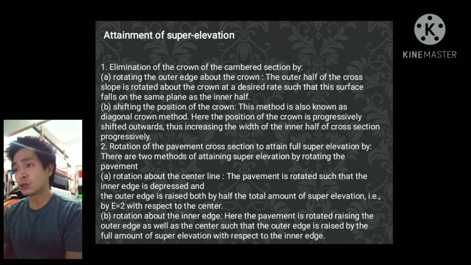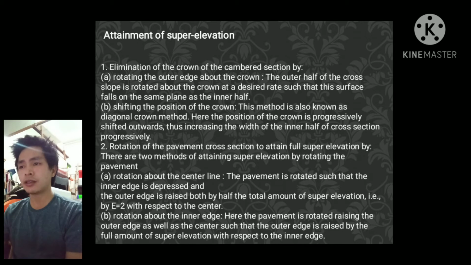Number 2: Rotating the pavement cross section to attain full super elevation. There are two methods of attaining super elevation by rotating the pavement. A. Rotating about the center line.